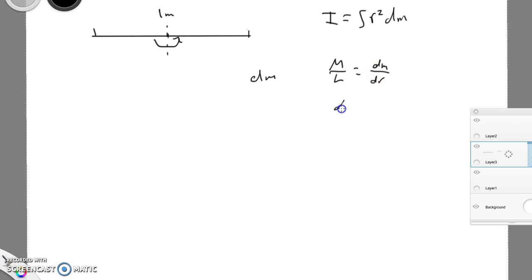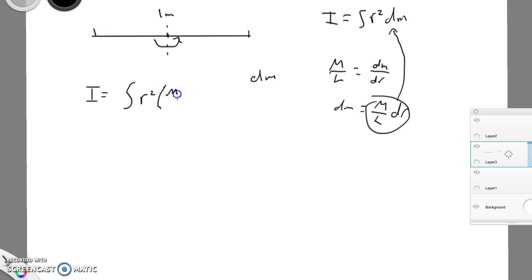So that means that dm equals, you might recognize this when we did center of mass, m over L dr. Okay, you can take this and put it right there for dm, so we get I equals the integral of r squared times m over L dr.